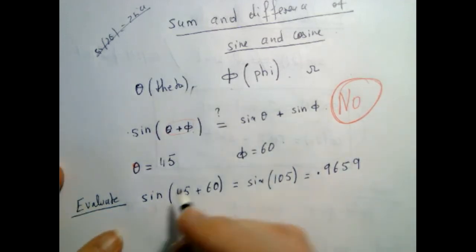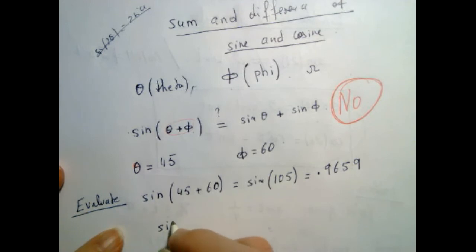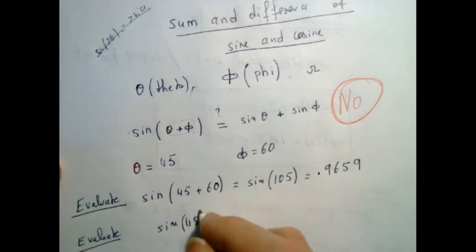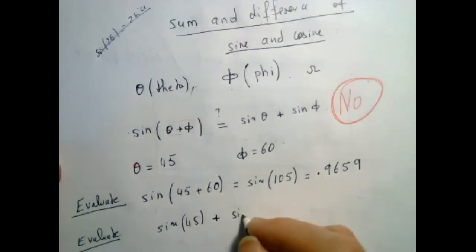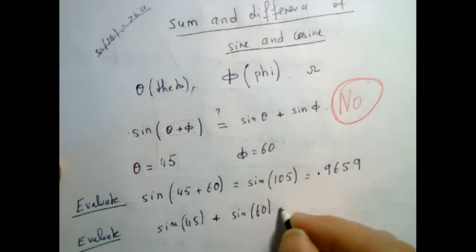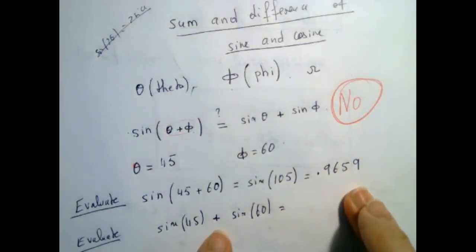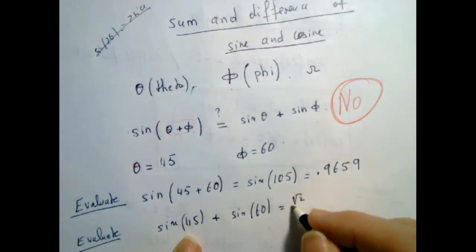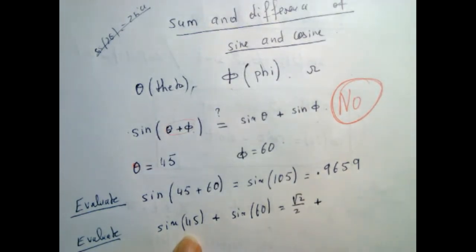Now, anybody who can think of an easier angle, please be my guest. Now I want to evaluate sine of 45 plus the sine of 60, and hopefully we won't get the same answer. 45 is one of the angles that we should know. It's the square root of 2 over 2.